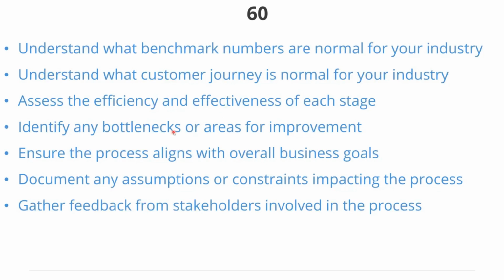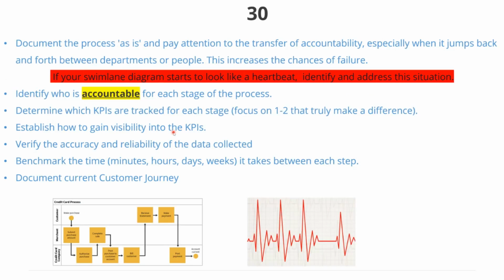When I say bottlenecks, there's something called the theory of constraints. But to put it simply, if, for example, at every single step you are 10 times faster than every competitor, but you have one stage, let's say this stage, complete sale, that is slow and 10 times slower than every competitor.